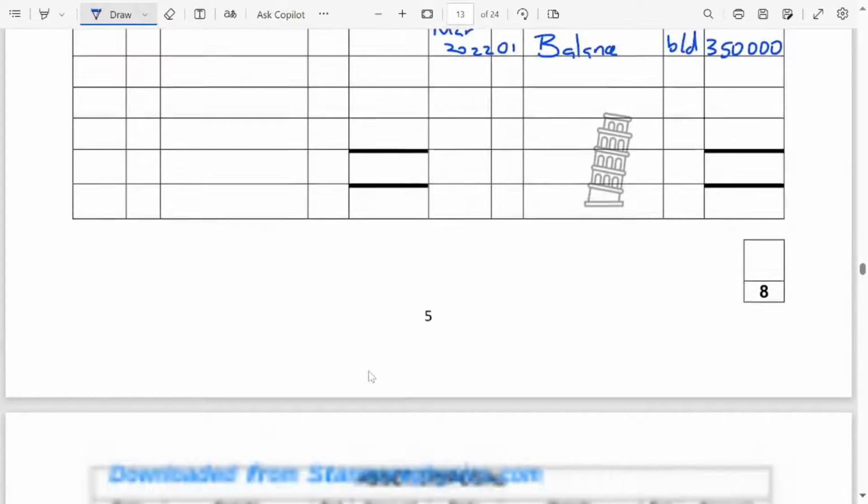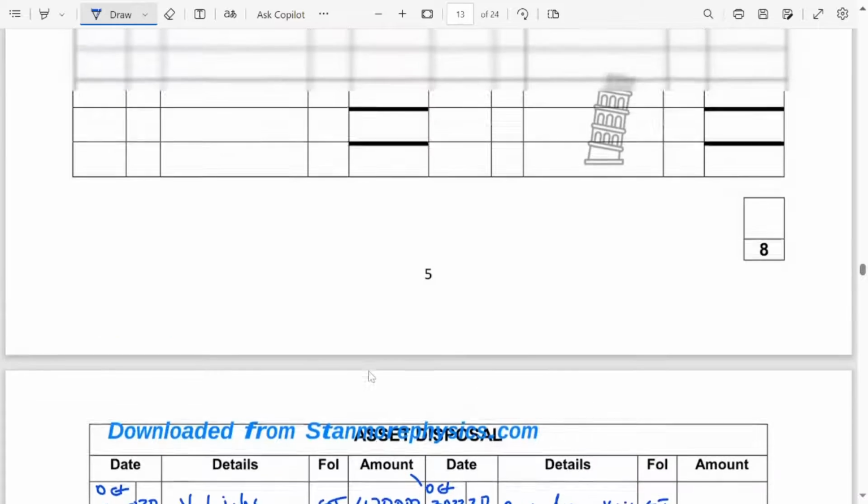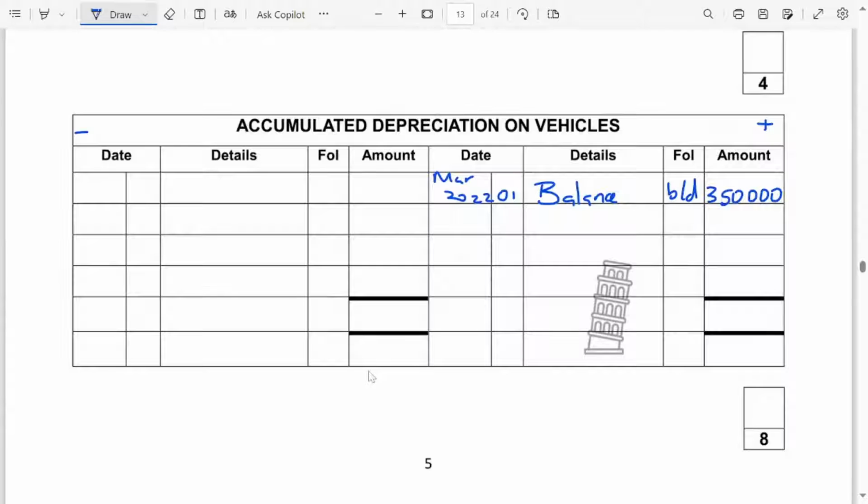Then also, because we are disposing of an asset, the asset is leaving the business. So when the asset is leaving the business, everything that is connected to the asset must leave the business, even the accumulated depreciation. So we must go to the accumulated depreciation and decrease it, as the accumulated depreciation of the asset being sold is leaving with this asset.